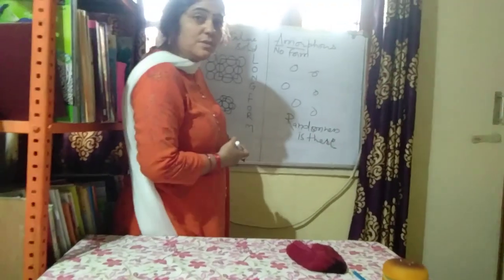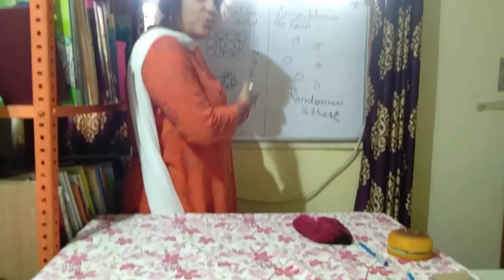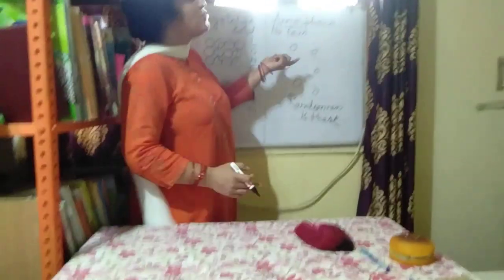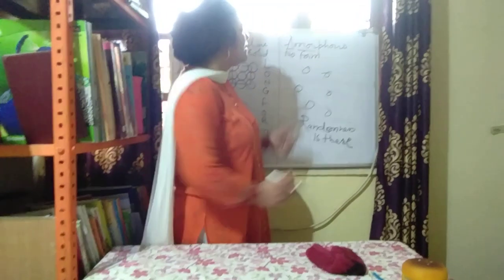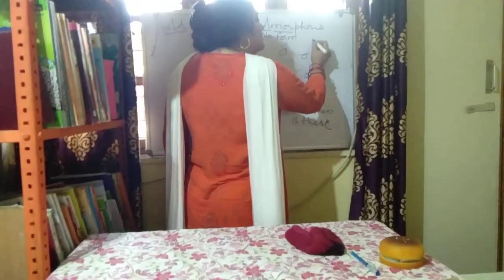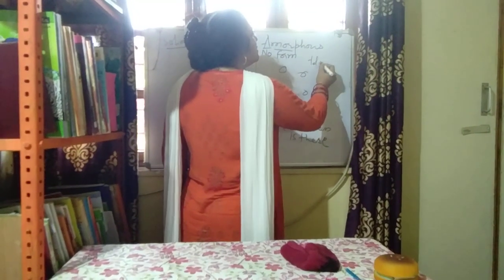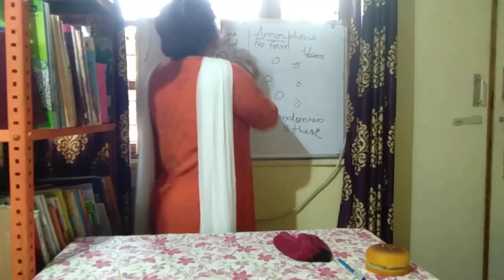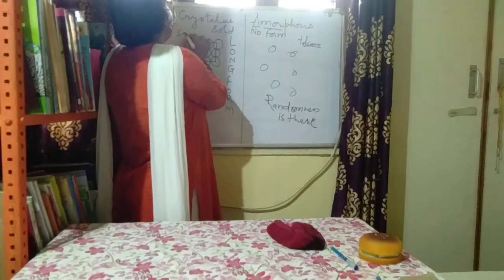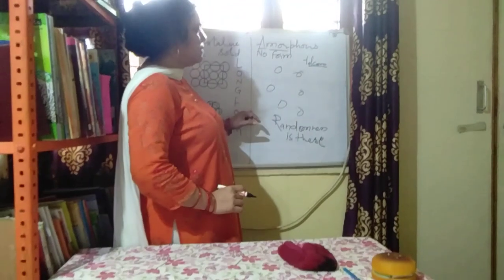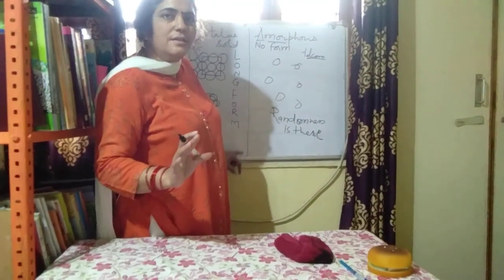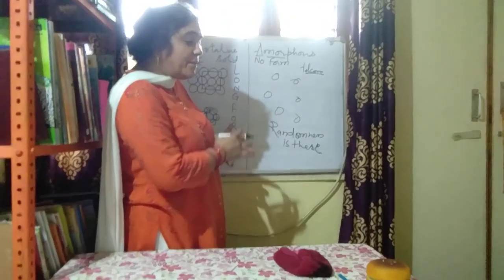Here there are so many forms: cuboidal, orthorhombic, hexagonal, monoclinic, triclinic, but here no form. Just like your talcum powder, you can say. Here, salt. Clear?